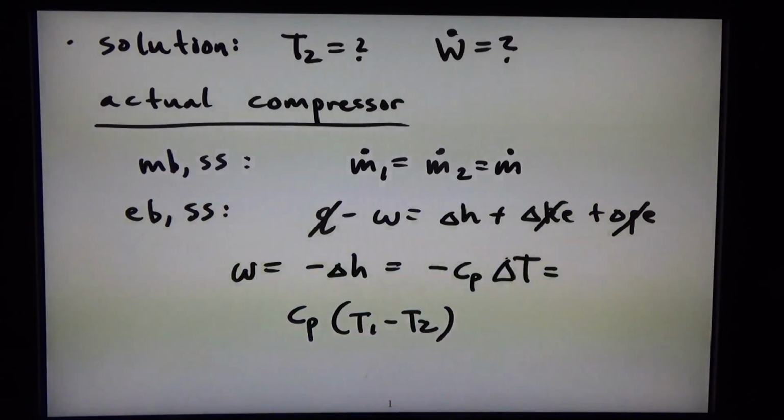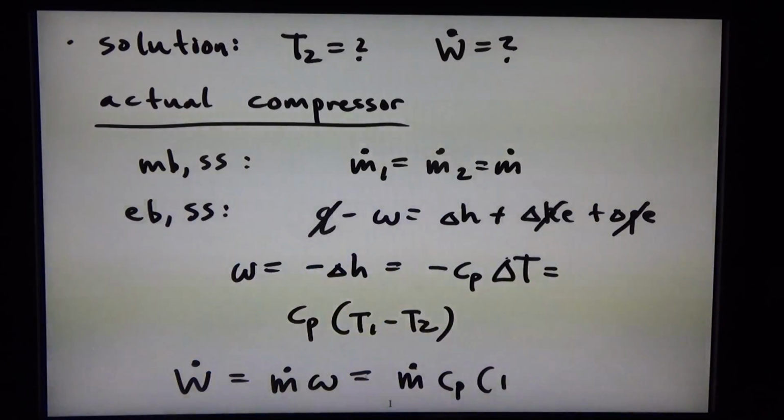And then for the power, it's equal to the mass flow rate times the work per unit mass. So once we solve the work per unit mass, we can take that and then calculate the power.